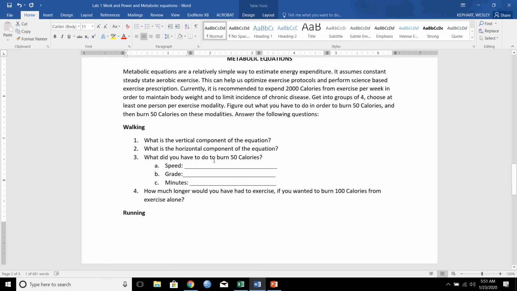And then I want you to figure out what they have to do in order to burn 50 calories and then actually have them do it. So you'll more or less just be plugging and playing for what speed that they need to go and what grade they need to go and for how many minutes in order to have that individual burn 50 calories. And then the question is, how much longer would they have to go in order to burn 100?